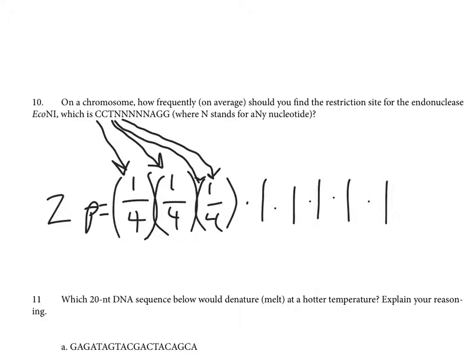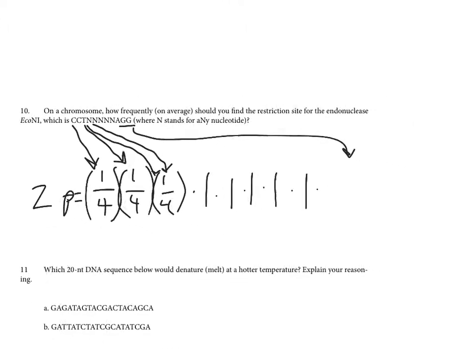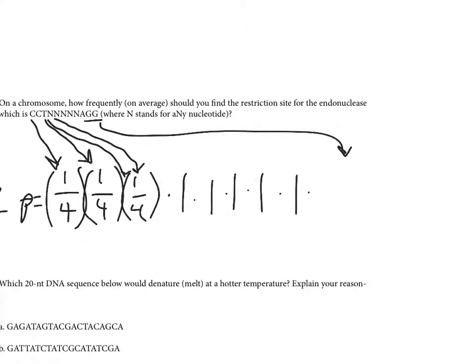So then we have to get back into, after that, the AGG. What's its probability? That's like the first bit, 1/4 times 1/4 times 1/4. So the probability of getting an A is 1/4, G is 1/4, G is 1/4.